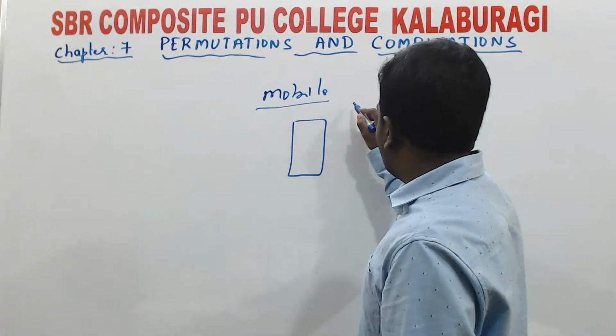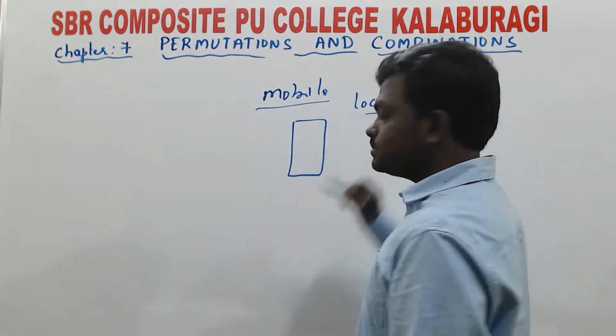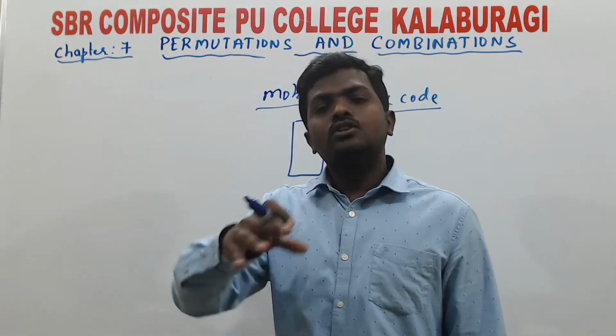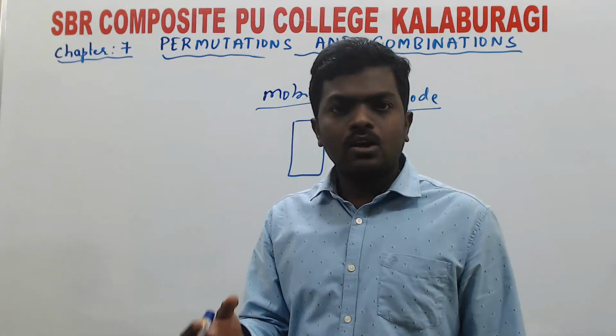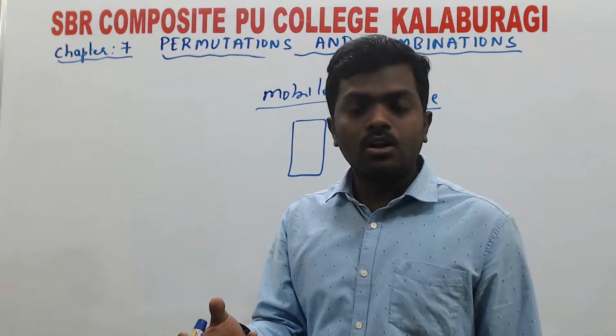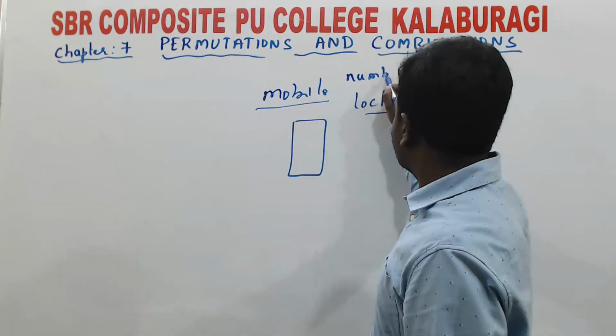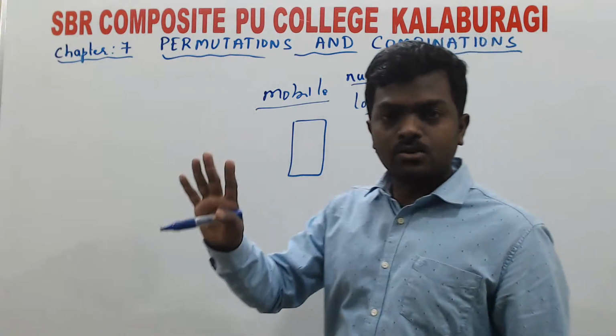So you definitely have a lock code for this. It may be some pattern, or a face lock, or a fingerprint lock, or a lock code, and the lock code may be a number, right students?